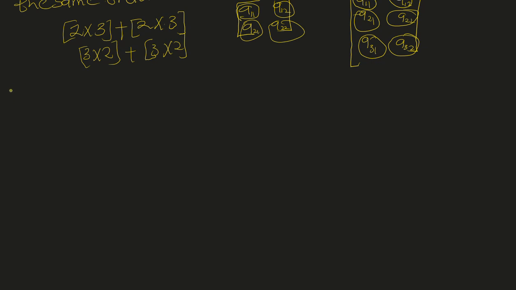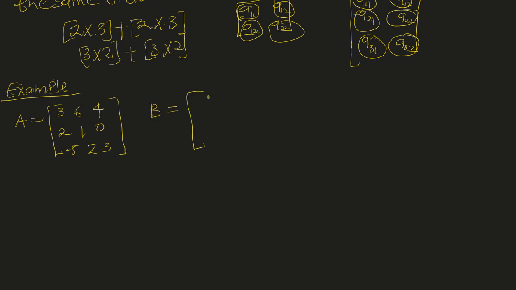And let's do an example. If I have a matrix A equals 3, 6, 4, 2, 1, 0, minus 5, 2, and 3, and matrix B equals 2, 3, 5, minus 3, 0, 4, and minus 4, 8, and 2.